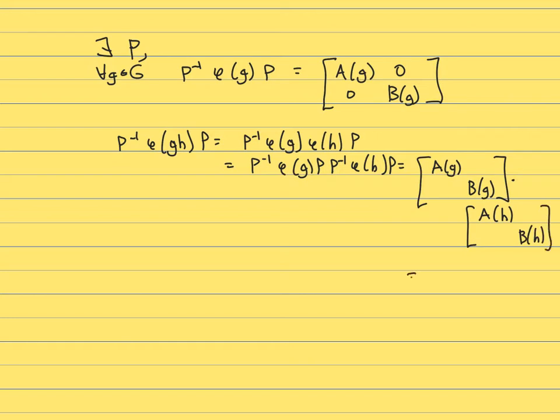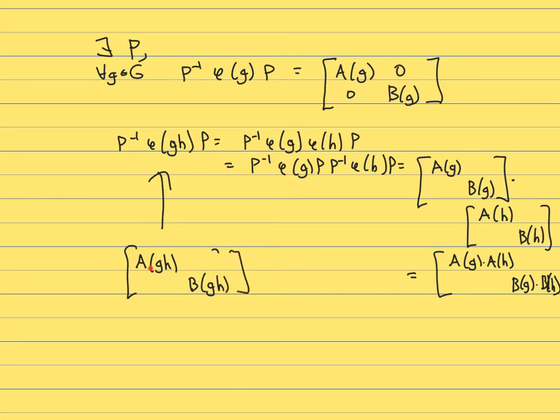It's not hard to see that that product is this matrix because it's block diagonal. On the other hand, this matrix right here has got AGH up top and BGH on bottom. And so you see, you actually have two representations sitting inside your larger representation.